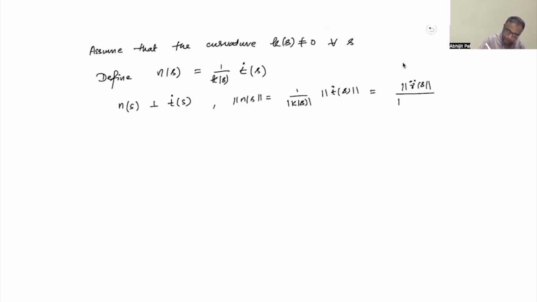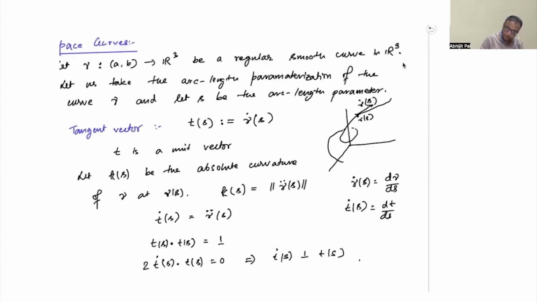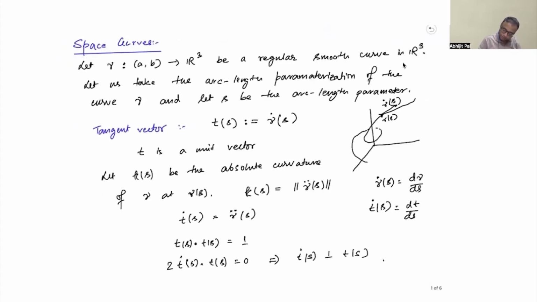Here, let us not take ks to be the absolute curvature. Let us take ks to be the signed curvature, so we don't need ks to be the absolute curvature.